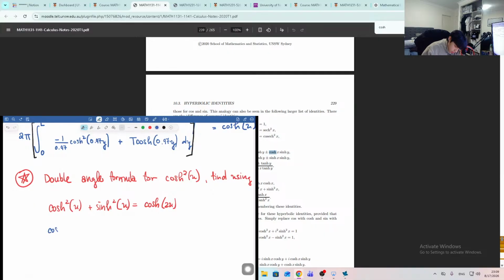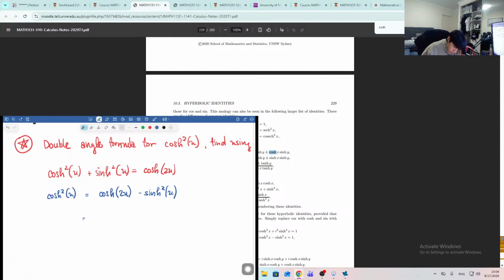Then you get cosh squared u is equal to cosh 2u minus sinh squared u, which is equal to cosh 2u minus 1 plus cosh squared u.